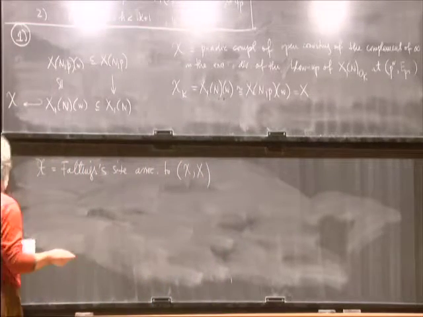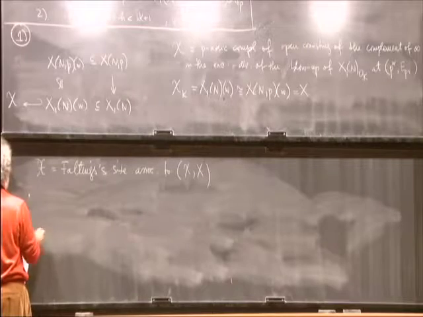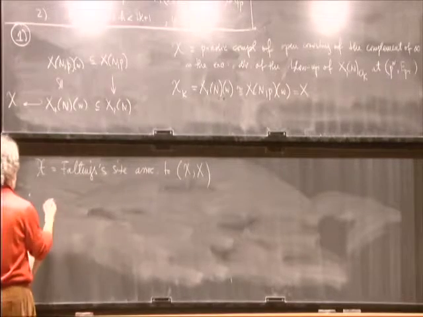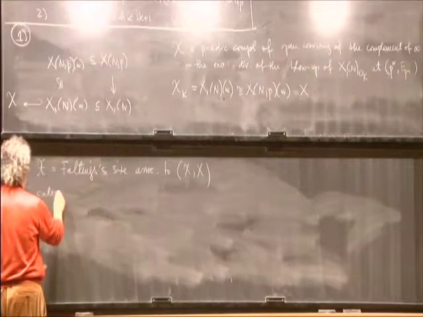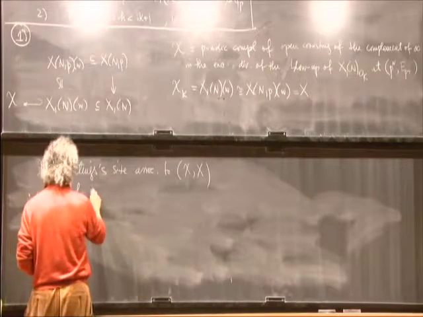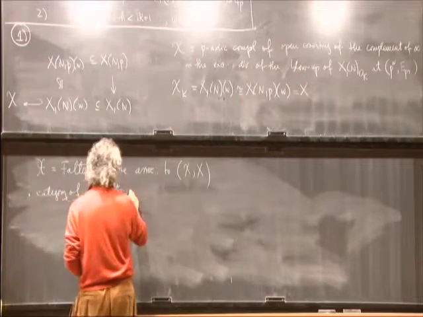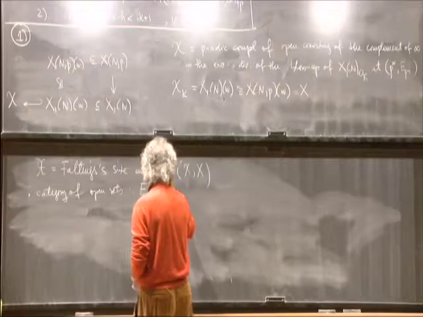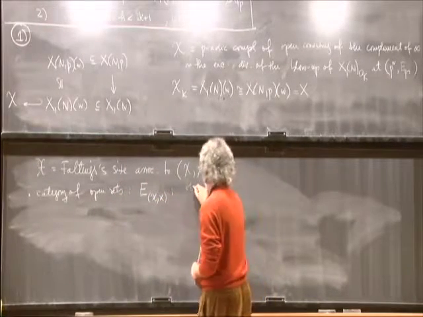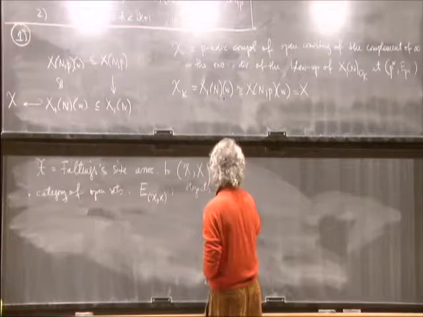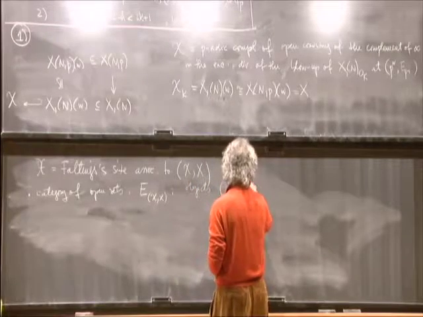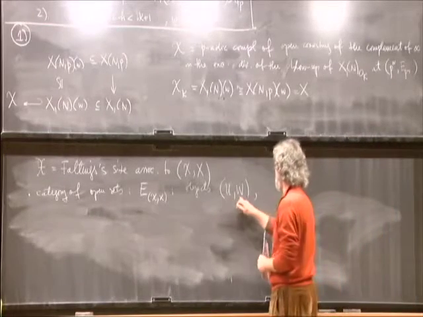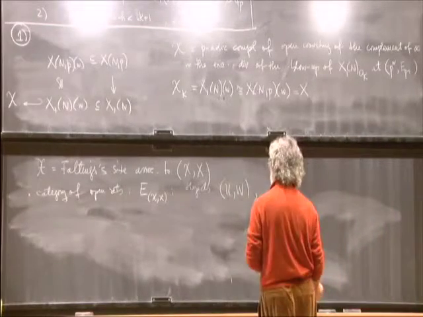So what is it? Let me recall. To define a site, one needs to first define a category, the category of open sets. Let's denote it by E_X. So the objects are pairs (U, W), where U is a log formal scheme and W is a log rigid space.